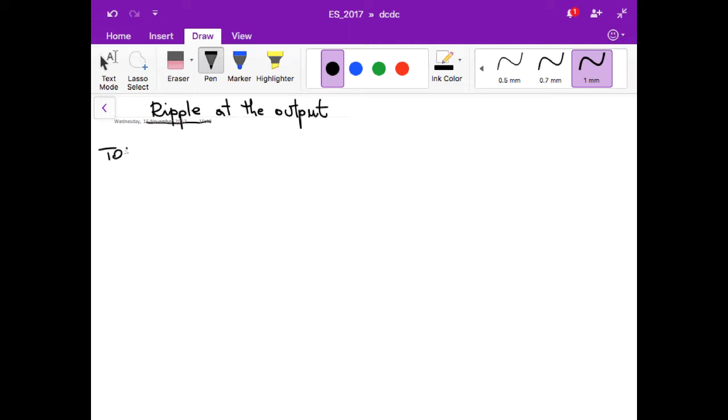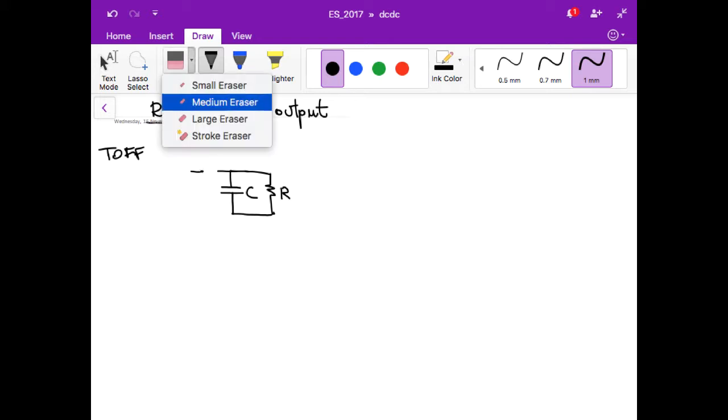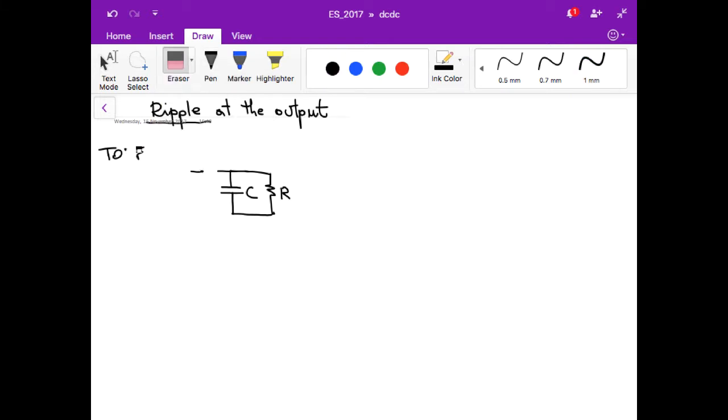So during T on, not during T off, the diode is off, right?